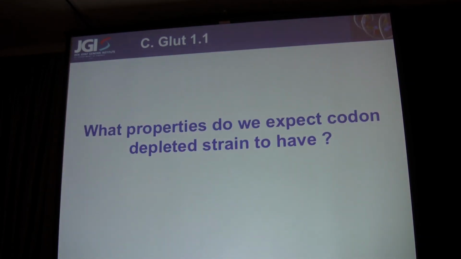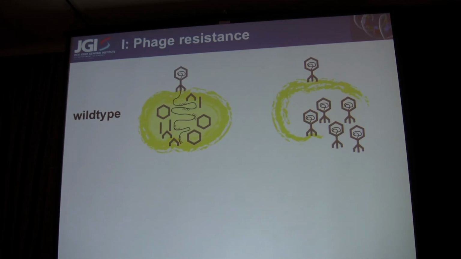So what properties would we expect this codon-depleted strain to have? First, we would expect it to be theoretically resistant to phages. Phage infect most bacteria, and they get their proteins transcribed and translated by the host. Most of the phages that we know of in C. glutamicum have multiple opal stop codons in essential genes.